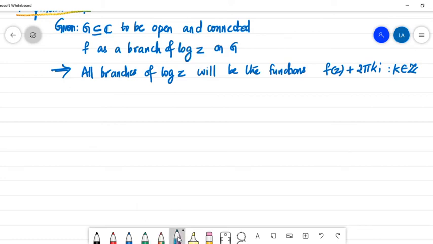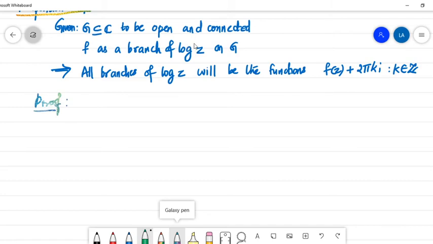Okay. So we are going to prove this proposition. Let's see how we can prove it. There's a very easy proof. Suppose we are given everything. We are given that G is open and connected, and f is a branch of log z on G, right?